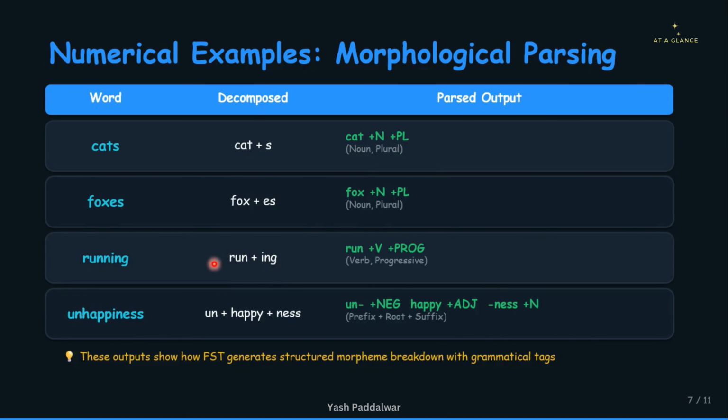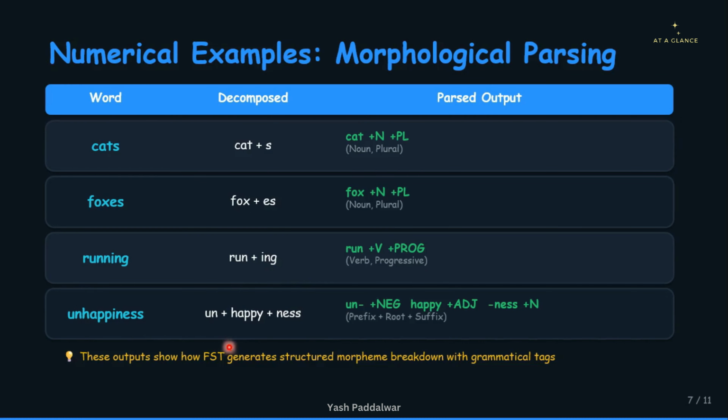This intermediate form then gets converted into the stage 2 output, the morphological tags, where we get run plus v, which is the verb part of speech, plus prog, which is the progressive. That means your ing tag, which is attached to your word run, is representing a progressive feature. Similarly, you can have another example like unhappiness.